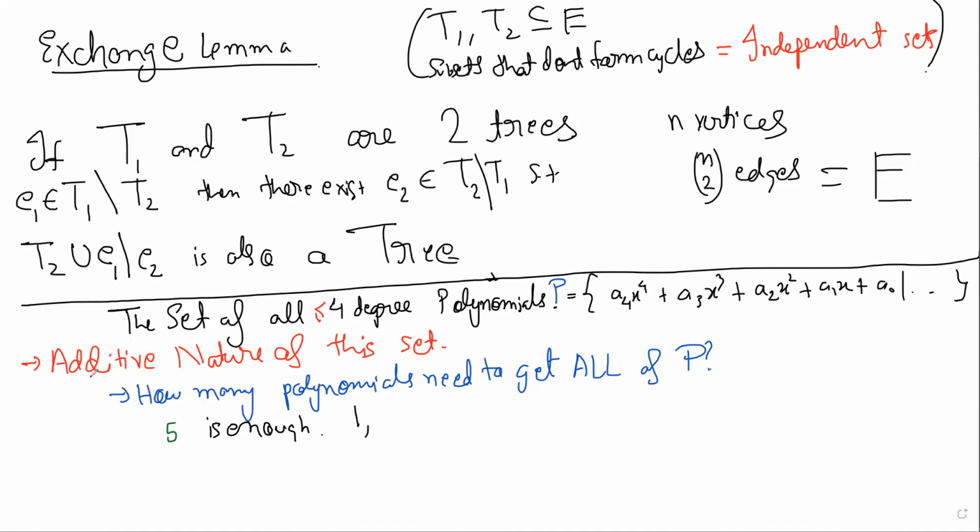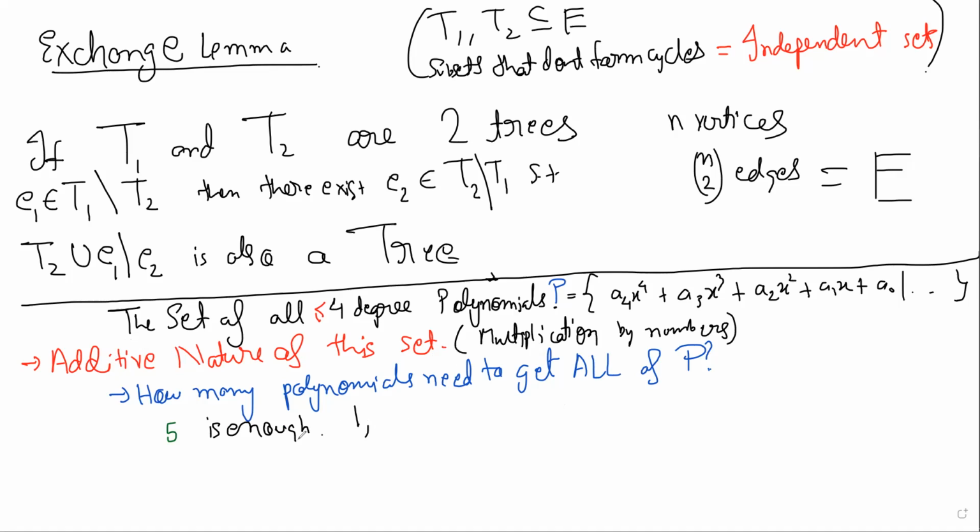I also want to say additive nature of the set, and also we want to take multiplication by numbers. We are not allowing multiplication of polynomials, but we can multiply by the real numbers. That we are allowing.